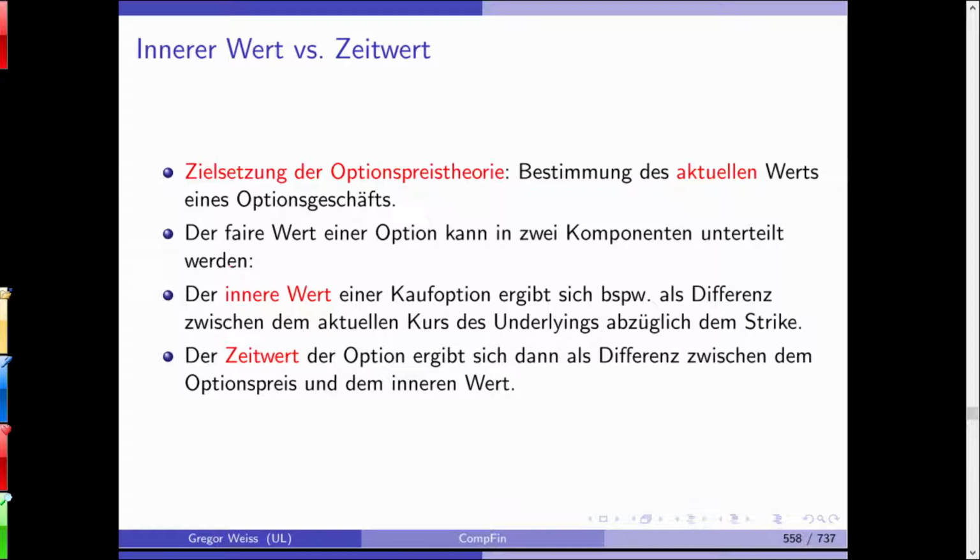On the first couple of slides, there are just some basic repetitions on options. There is an inner value and a time value. Right now, if you were to exercise the option, you have an inner value, meaning the option at execution is worth something, or it is worth nothing because you would let it expire.